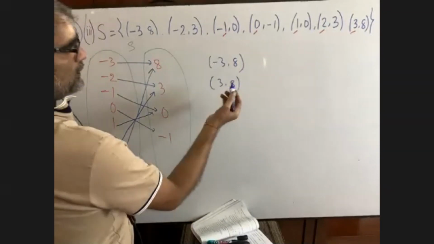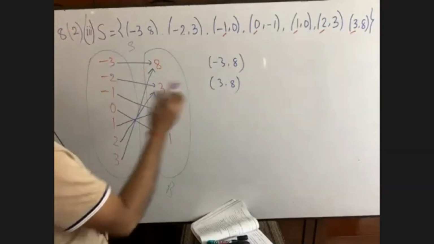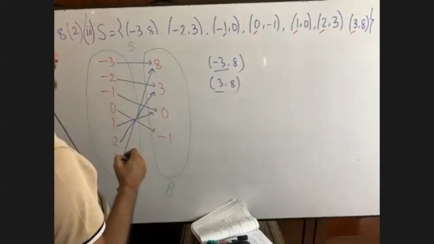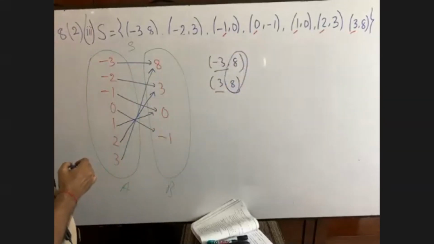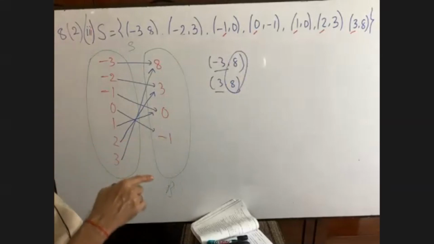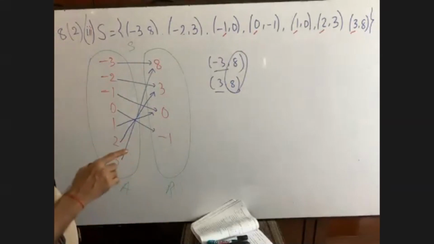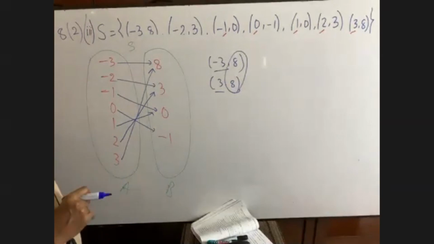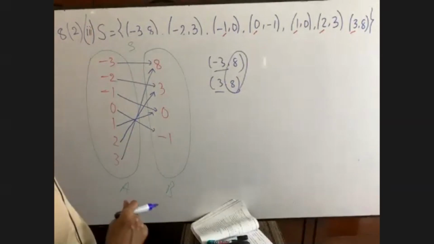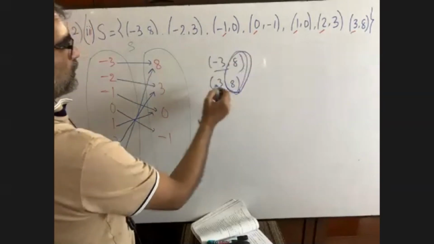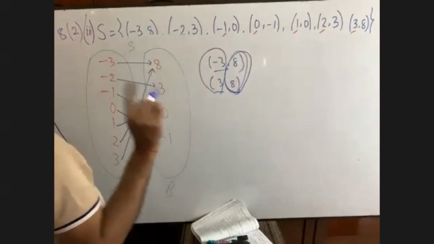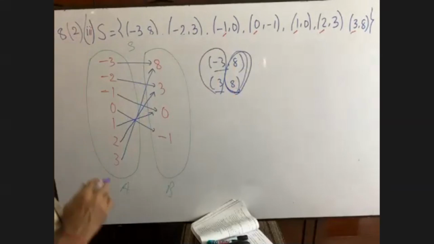The y values are different in some places, it's okay, but here we are getting the same value. But what I told for a one-one relation is that for a certain value of x, there will be a certain value of y. But we are getting a certain value of y for two different values of x, right? So it's not a one-one relation. Have you got me or not?